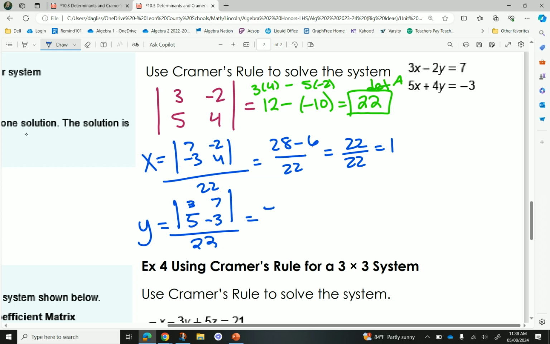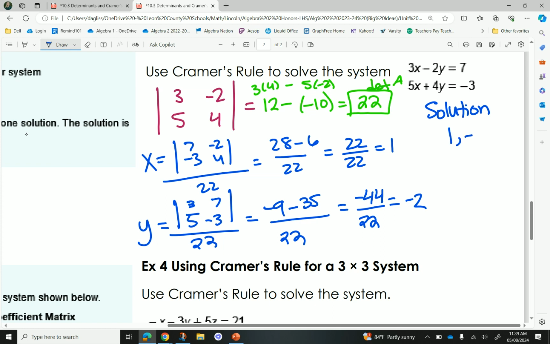So 3 times -3 is -9, minus 5 times 7, which is 35. -9 minus 35 is going to give us -44. Over 22 gives us -2. So the solution is going to be 1, -2.